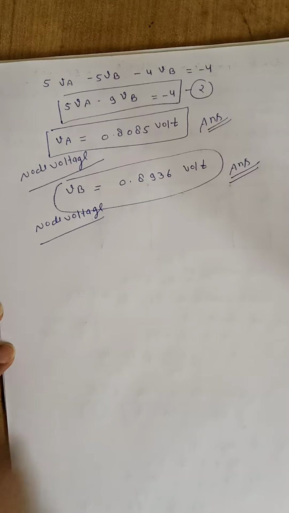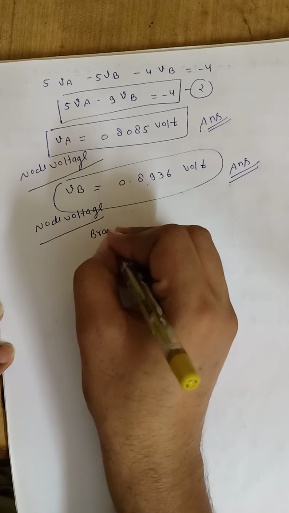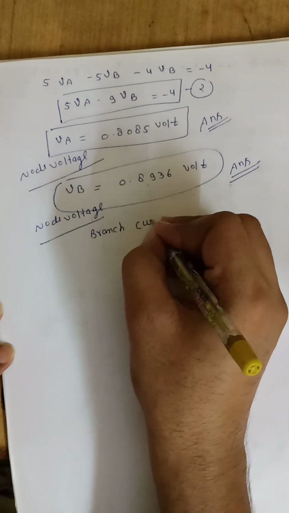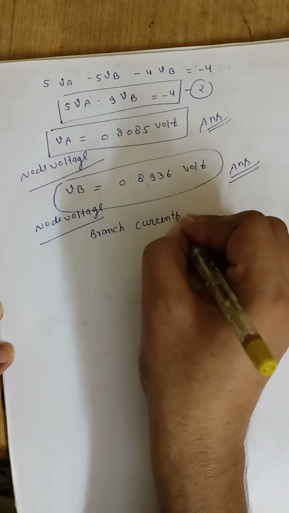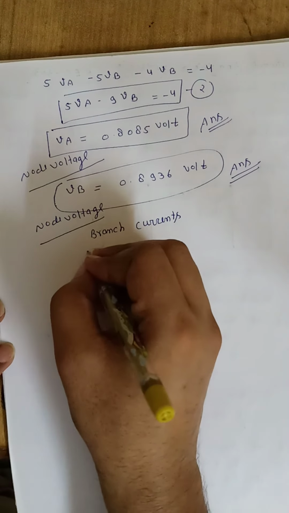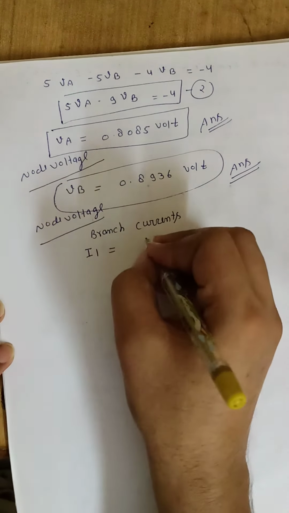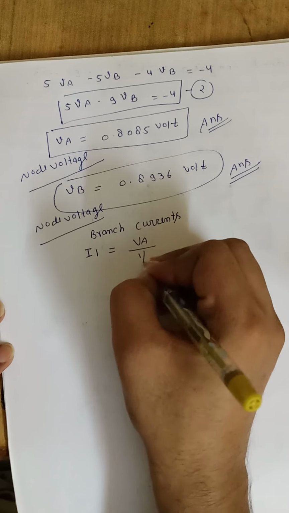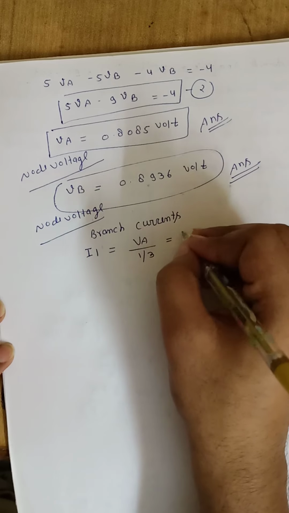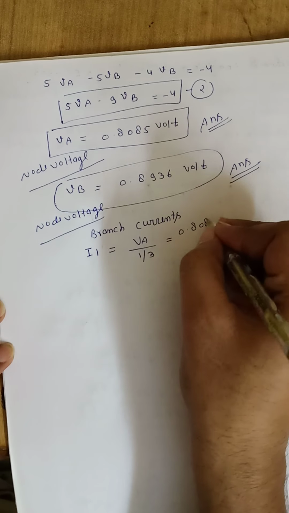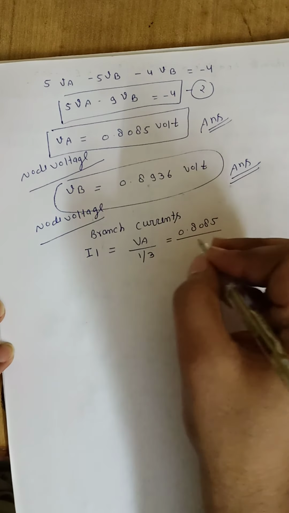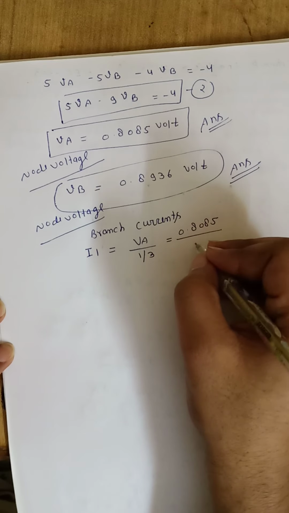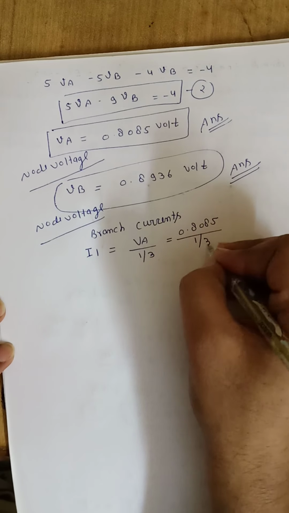Now let us see how we can calculate the branch currents. First branch current I1 is given by VA over 1/3. So we have 0.8085, which we already calculated, divided by 1/3.